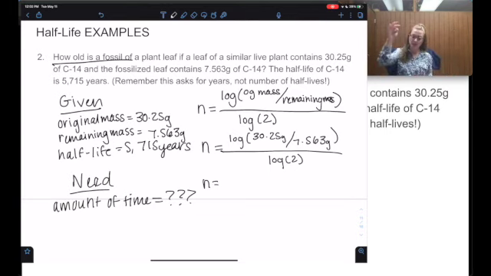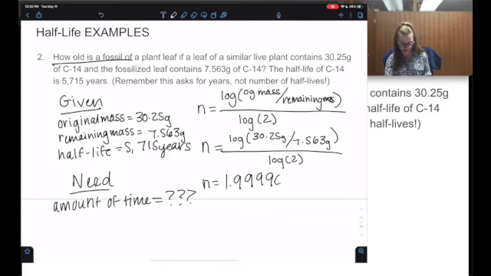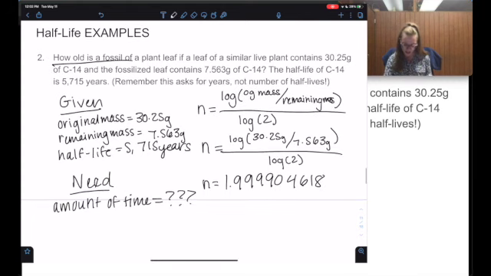If not, take the log of the top, hit enter, take the log of the bottom, hit enter. So I'm going to take my logs, and what I get is 1.999904618. So here, I just want you to round to 2. So this is approximately 2 half-lives, so we're going to say 2.